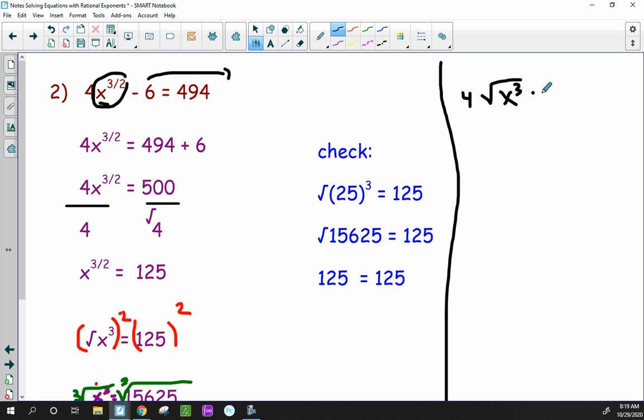And then there's a minus 6, and then equals 494. And so I could have given you this problem in the last section. So really the only difference is trying to get you used to how you turn the fraction into a radical, and to see that you really can follow the same rules. But pay attention to the 4, because if you put it underneath, then you will not get the right answer.